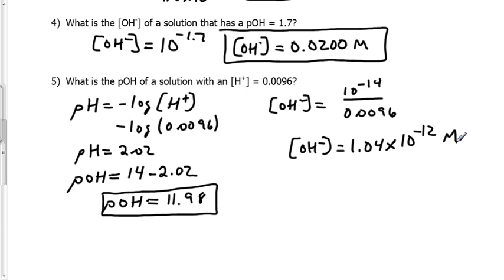Okay, now to go from OH minus to pOH, the pOH is equal to the negative log of that answer. Negative log of 1.04 times 10 to the negative 12.